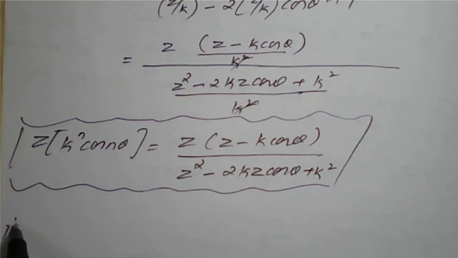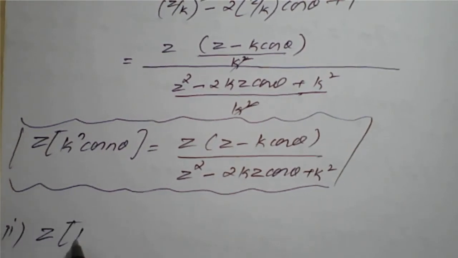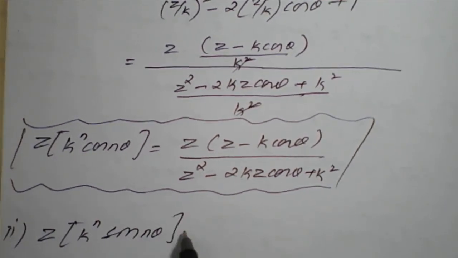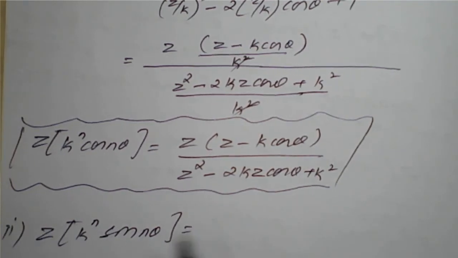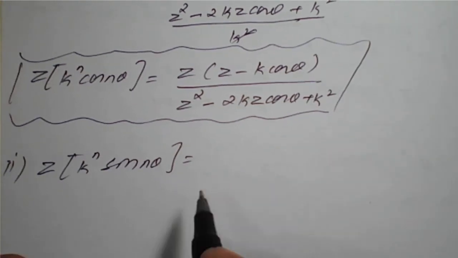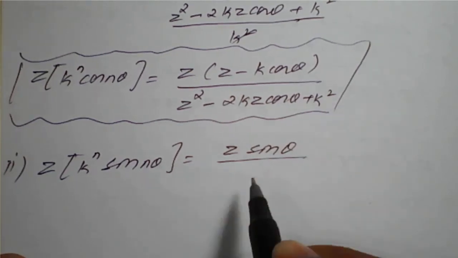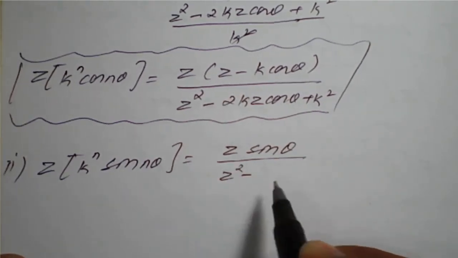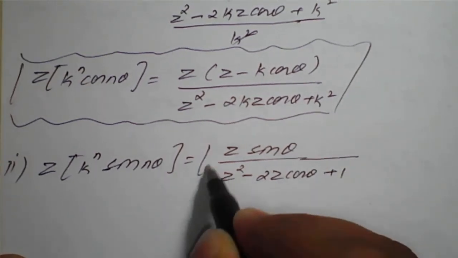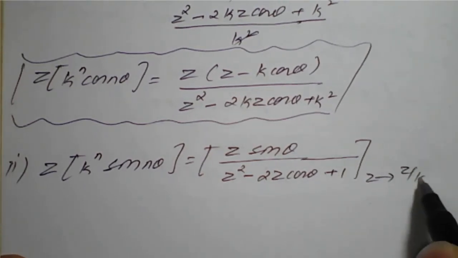Now the second deduction, we will use the second result, that is z transform of k raised to n into sine n theta, which is nothing but, we know, z sine theta divided by z square minus 2z cos theta plus 1, and using the damping rule, z will be replaced by z upon k.